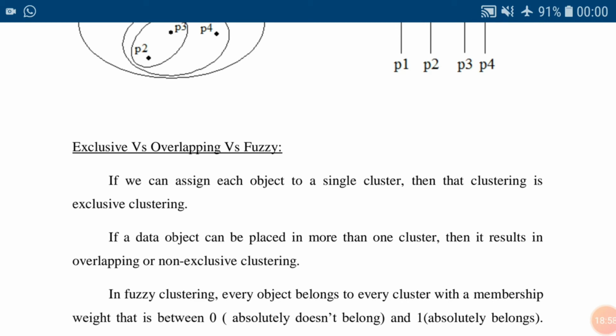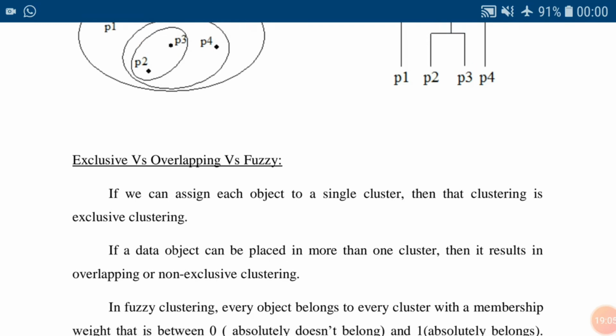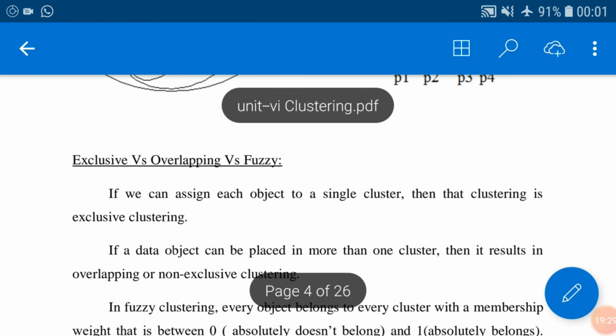Each object is within a single cluster only, exclusively related to one cluster. That particular data item is not at all related to another cluster. So that is nothing but exclusive clustering.